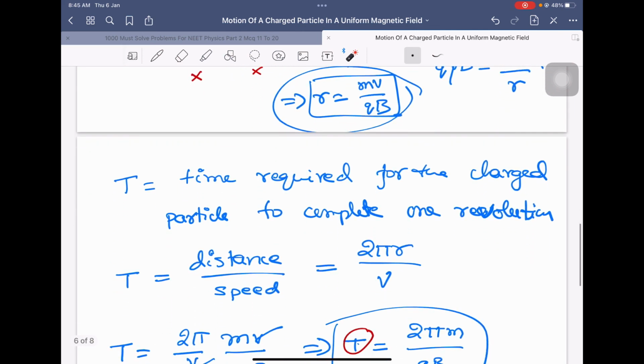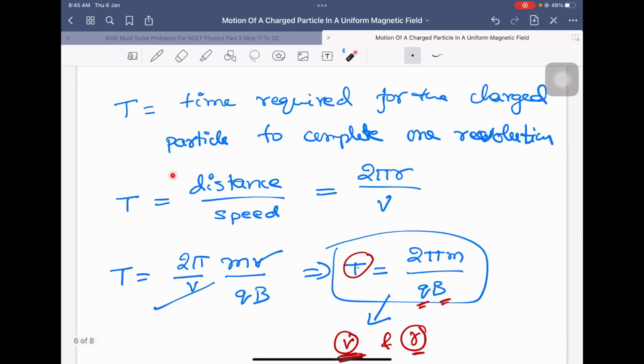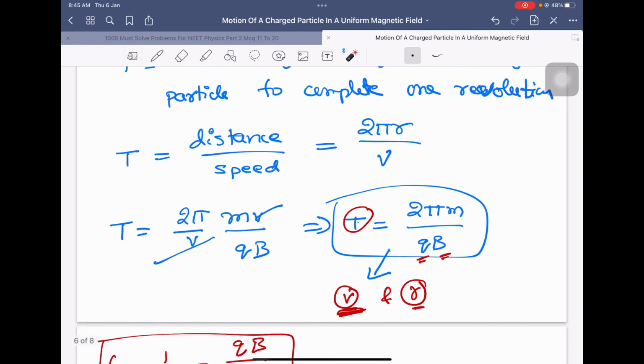Then we have derived the equation for time period. What is time period? It is the time required for the charged particle to complete one revolution. In one revolution, the charged particle covers a distance equal to the circumference of the circle, divided by speed. So we write 2 pi r by v and substitute for r.